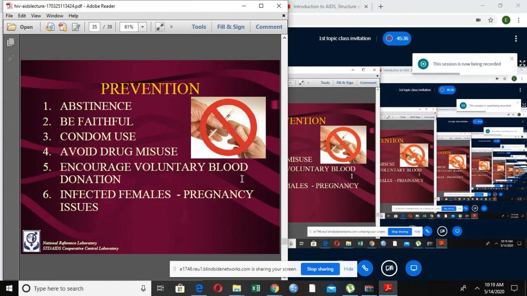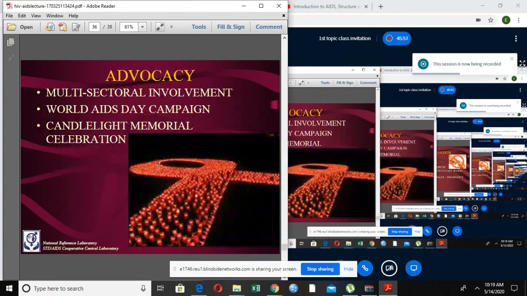We prevent breastfeeding mothers from transmitting the HIV virus to the breastfeeding child by giving them ARVs, by educating them on how to breastfeed, by doing all that. We are preventing the transmission of this virus.